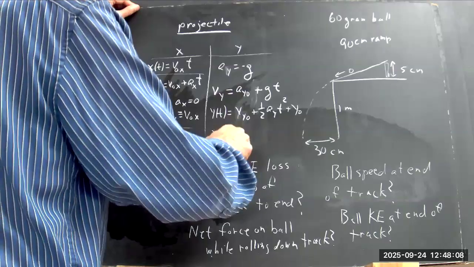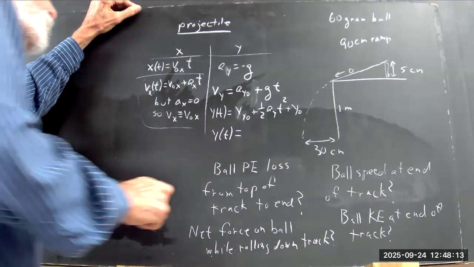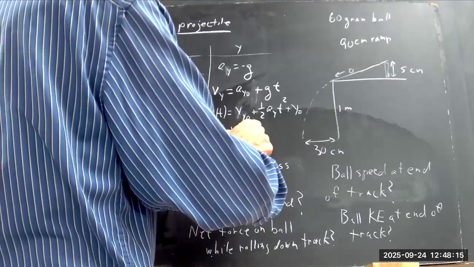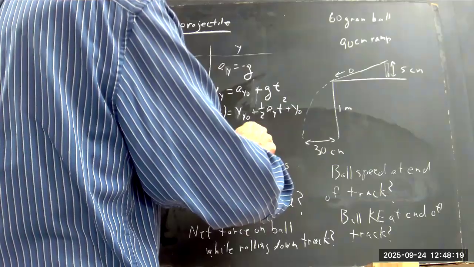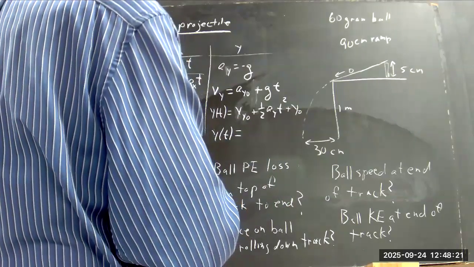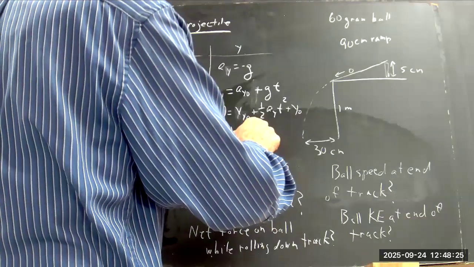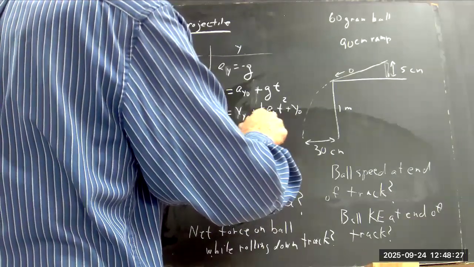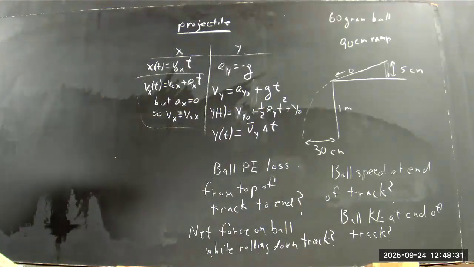Now another equation we could write is y of t equals, I'm trying to remember how your book does it. I think they would use Vy bar delta t.